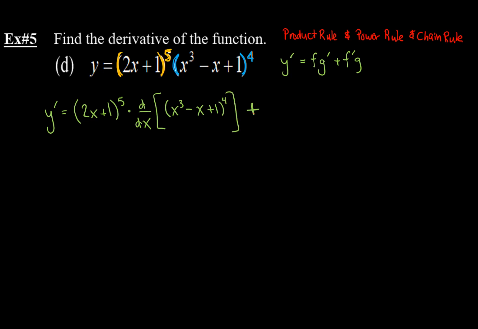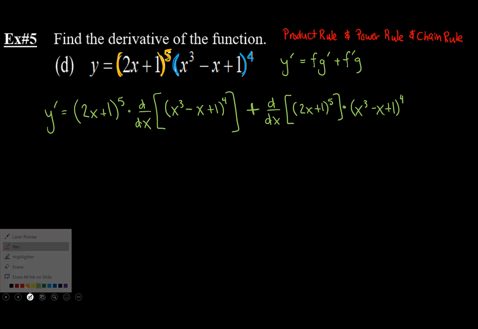Next, because product is plus, I'm going to write down the derivative of my first function. My first function is that 2x plus 1 to the 5th. And then I'm going to multiply that by my second function, which I'm not changing at all, and that's going to be to the 4th power.